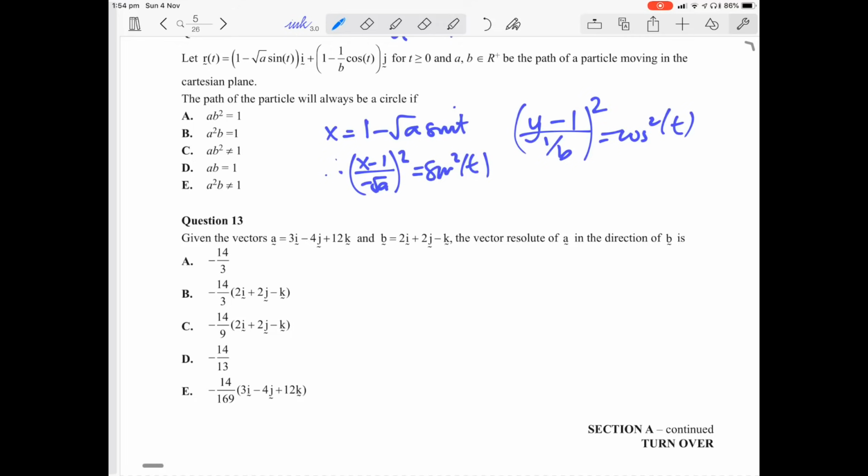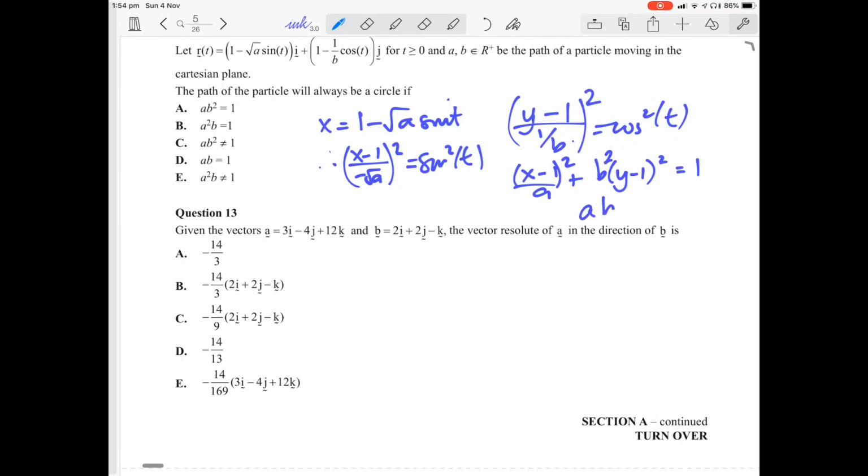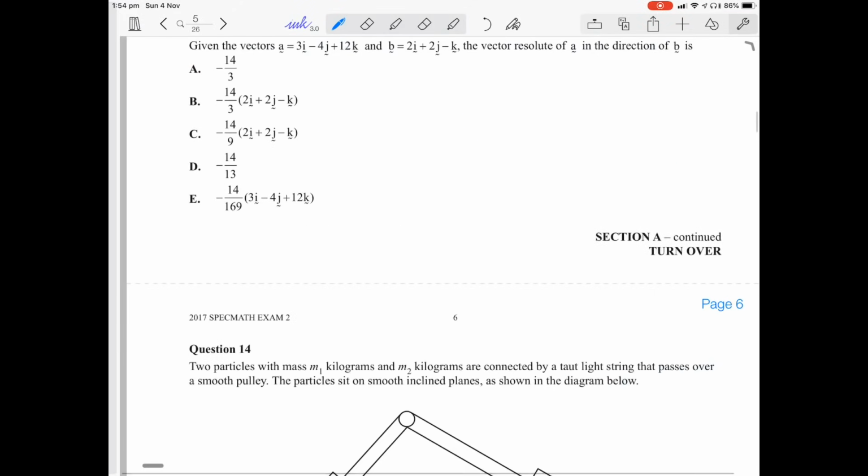So x minus 1 on root a, plus y minus 1 on b, squared, equals 1. Okay, it will always be a circle if a and b are equal to 1. Oh, that's squared. So ab squared has to equal 1. They both have to be 1. No, I forgot to square that.